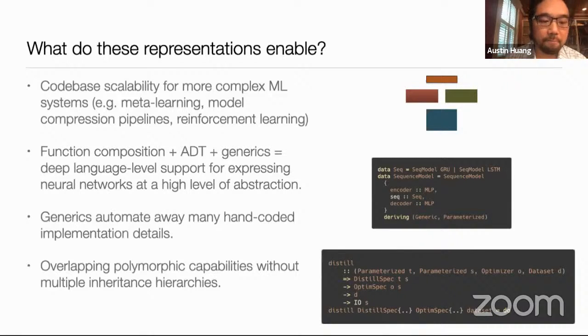Another thing that's nice here is that we get a pretty high level of abstraction in terms of how we use, compose, and manipulate neural networks, but at a very low level in terms of the language support, right? We're using core Haskell features here.